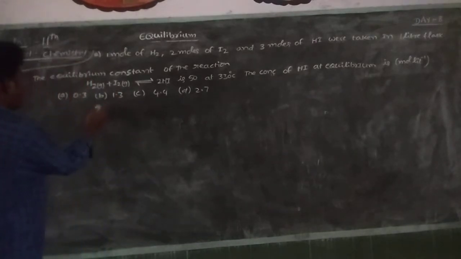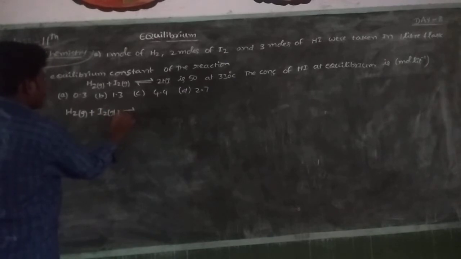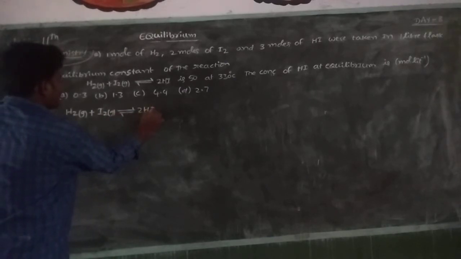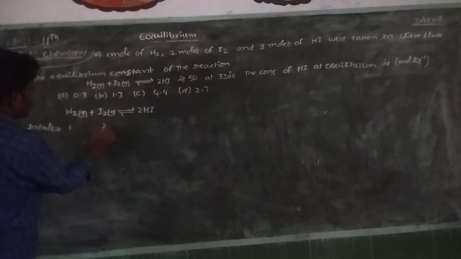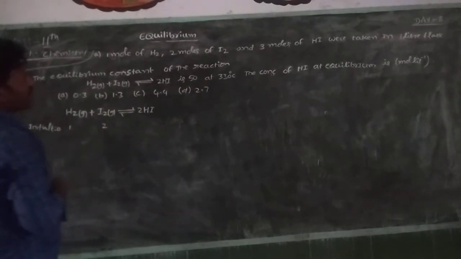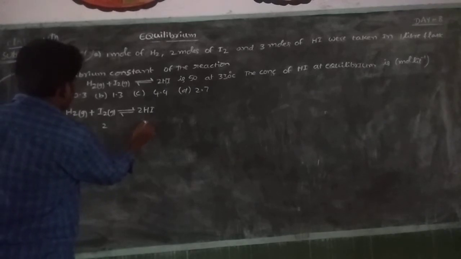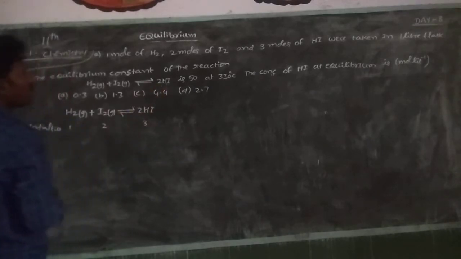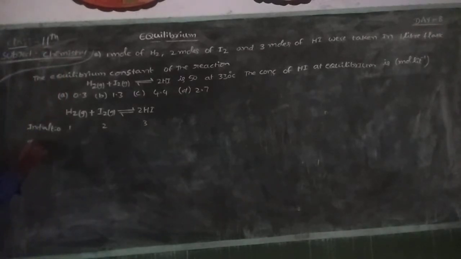You have to write the equilibrium reaction: H2 gas plus I2 gas in reversible reaction to 2HI. At initial, T is equal to 0, hydrogen is 1 mole, I2 is 2 moles, and 3 moles of HI were taken in a 1 liter flask.